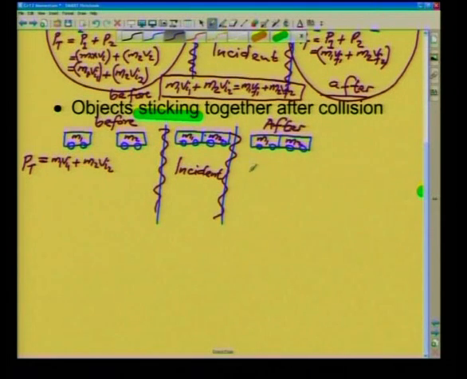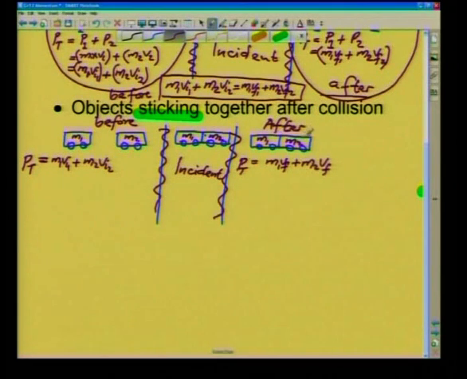After collision, we've got this situation. Total momentum equals mass of 1 times the velocity final, and mass of 2 times velocity final. But let me not write the 1 there because I want to explain something. Why am I not having subscripts of 1 and 2 for velocity final?